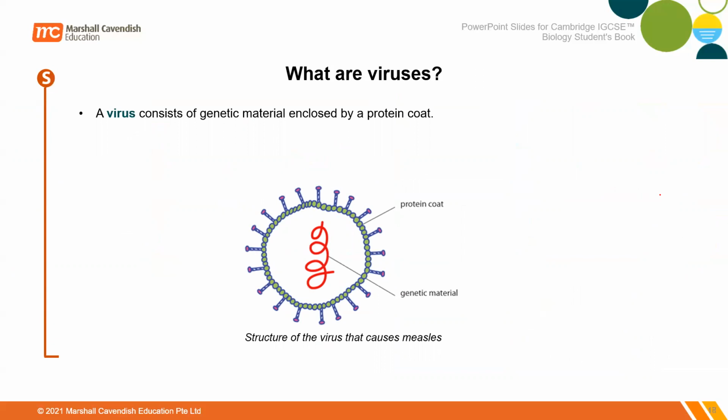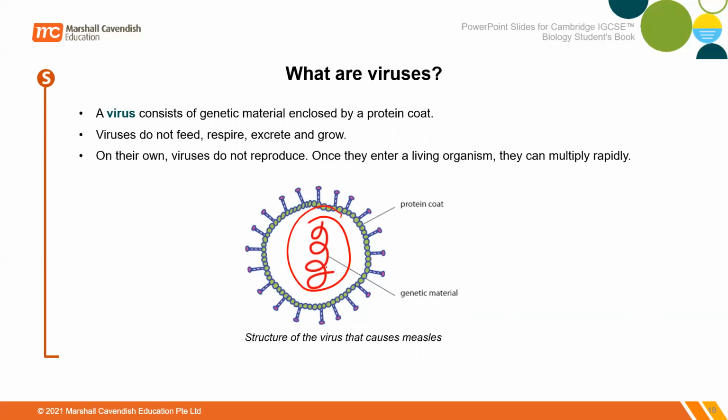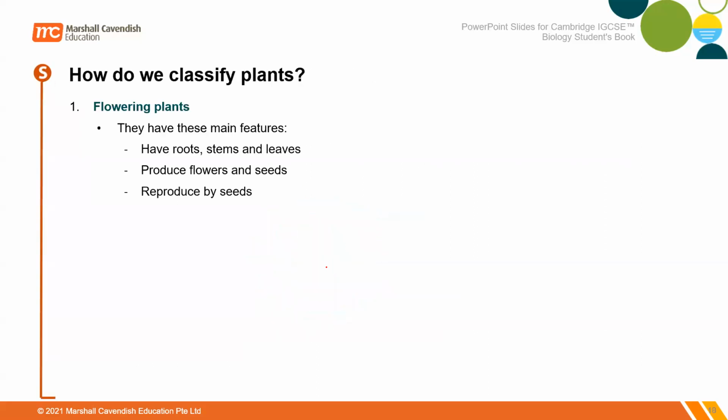So we cannot consider viruses a living organism, although they reproduce inside the host cells. They have genetic material, but because they are made up of a protein coat with the genetic material inside, we cannot consider viruses living organisms. And that's what I said in the presentation in front of you.